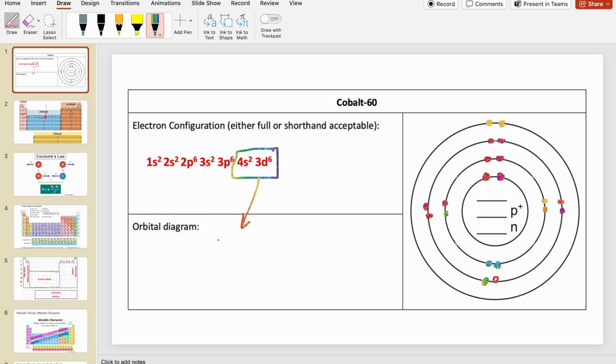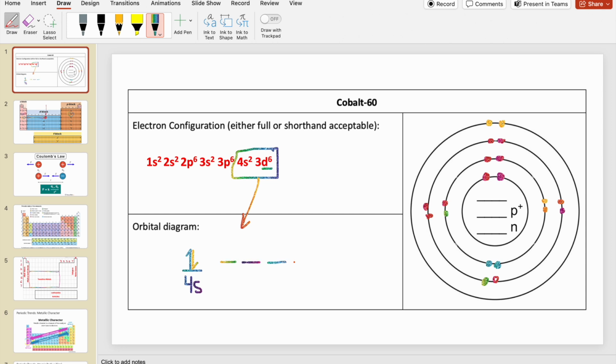So I have 4s2. S orbitals have one line, one orbital. So 4s is full. There's 2 electrons. They're pairing up. They're having a nice day. So that's my pair there, 4s2. Now for the Ds. Ds can have up to 10 electrons, which means 5 orbitals.